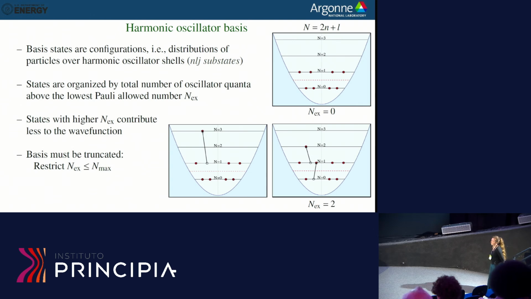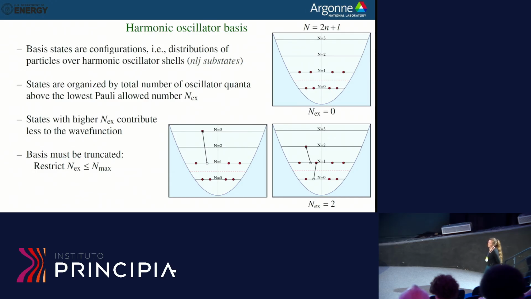In the no-core shell model, we don't have any kind of inert core. So if I want a configuration with 2 excitation quanta, I can either promote 1 particle by 2 quanta, or 2 particles each by 1 quantum, and those particles can come either from the valence or from the filled shells. This is the fundamental difference between this method and the shell model.